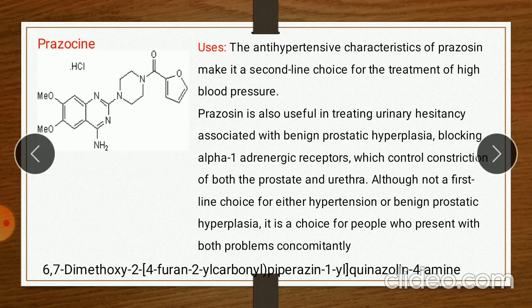So the main use of this drug is in hypertension, high blood pressure, but it is also used in urinary hesitancy associated with prostate problems, where there is difficulty in urination. It is not the first choice, but it is used for symptomatic treatment.